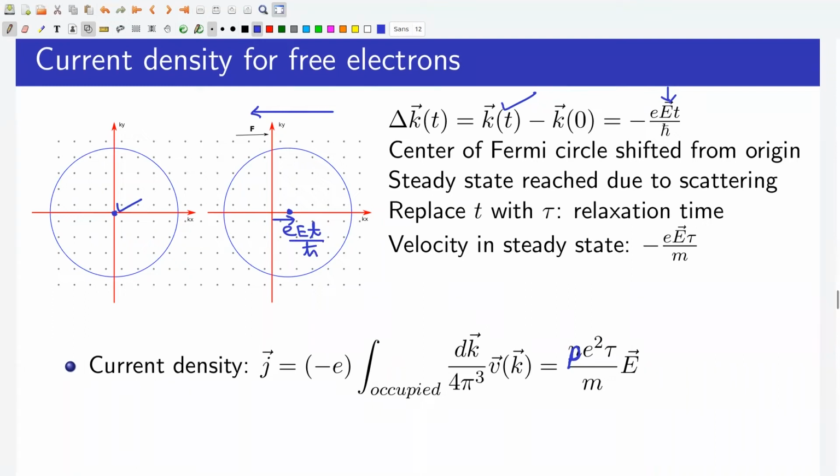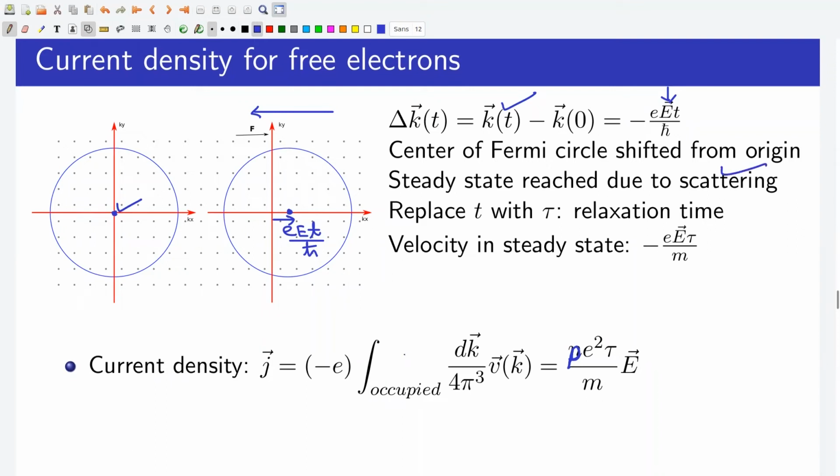From the equation, you may conclude that the center of the Fermi circle keeps shifting towards the right as long as the field is on. However, that does not happen because steady state is attained very soon due to scattering.